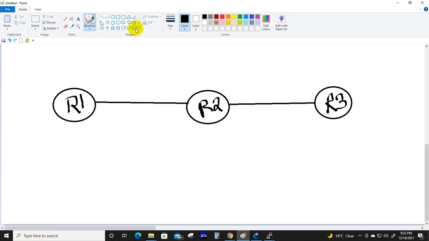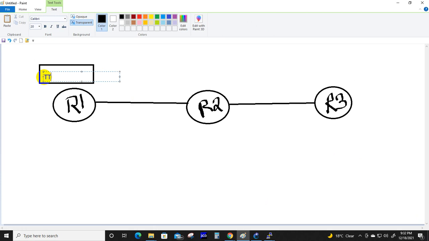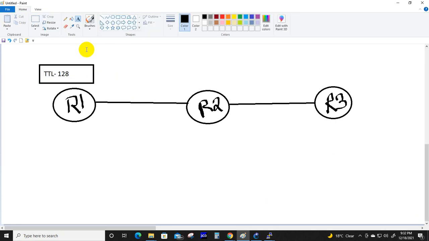Suppose router 1 generates a packet in which the default TTL value is 10 or 128. It depends on how the IP packet is generated. So this packet will come to R2.